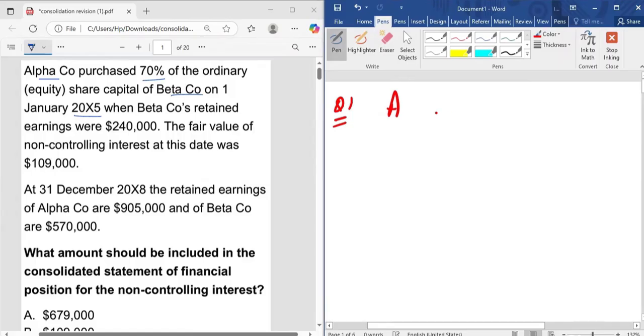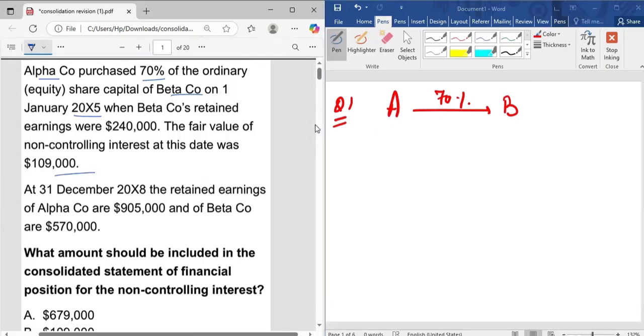Alpha is the parent company and it has purchased 70% of Beta Company, which is our subsidiary. The fair value of NCI is 1,09,000. At 31 December 20x8, the retained earnings of Alpha are 9,05,000 and that of Beta are 5,70,000. What amount should be included in consolidated statement of financial position for NCI?